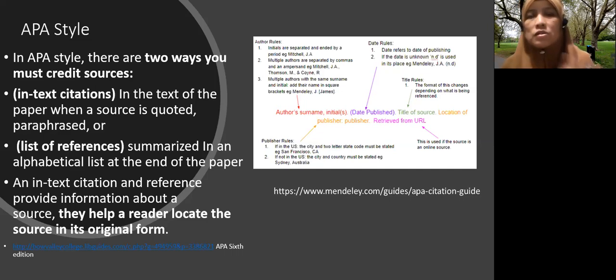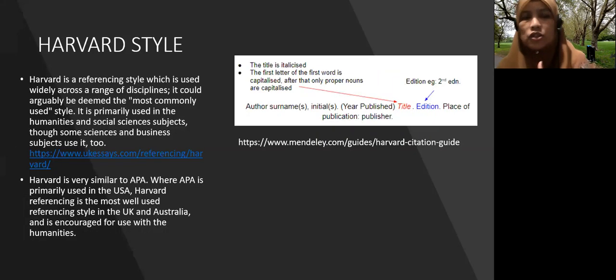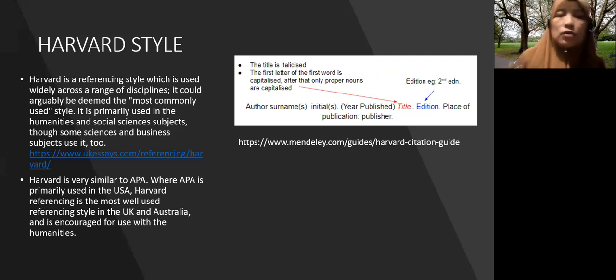Title of source, Mohibah in Malaysia. Location, Kuala Lumpur. Publisher, IKIM. And if you have the article online, then you bring the link, the URL. But this is to be put in the list of references, not in the in-text citation.